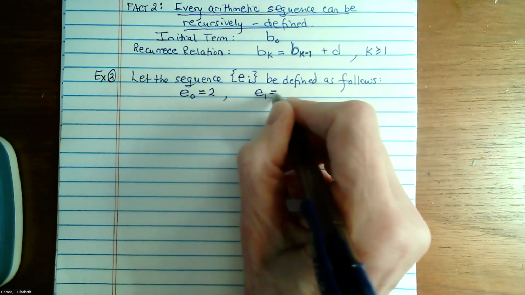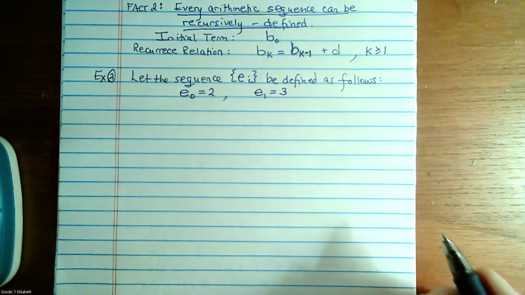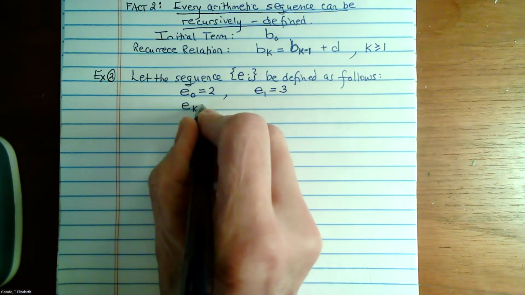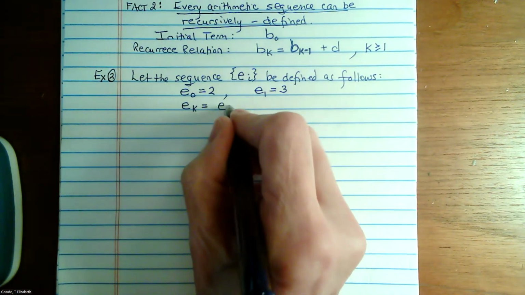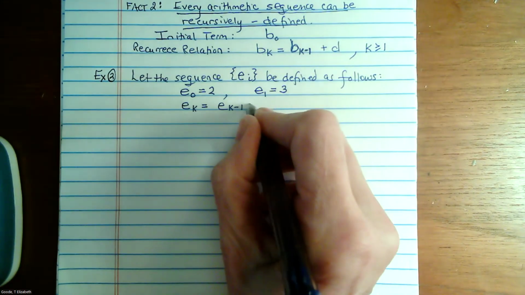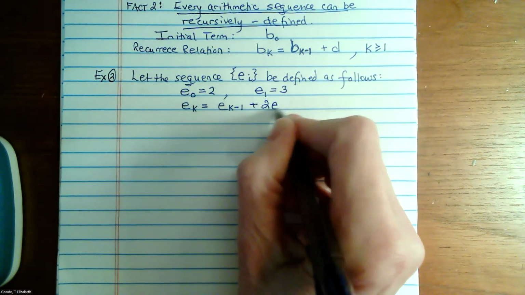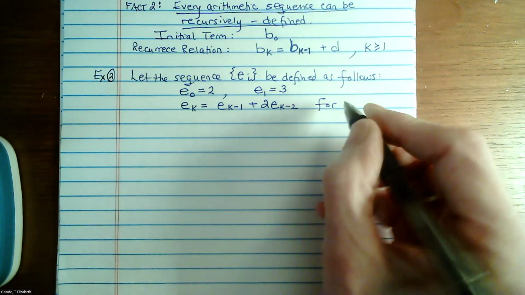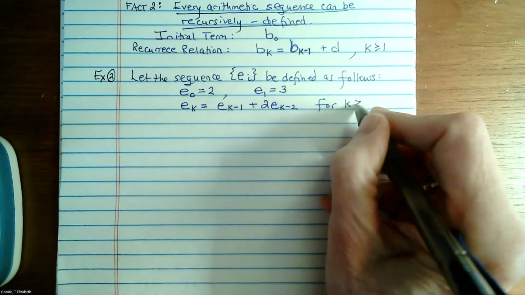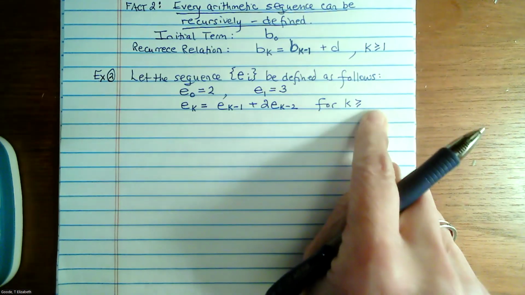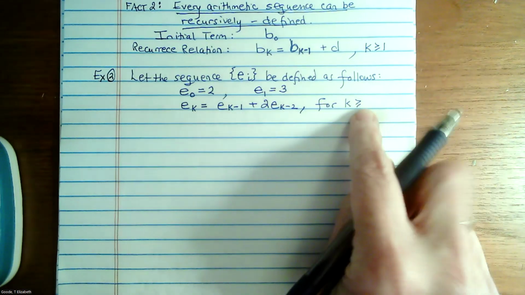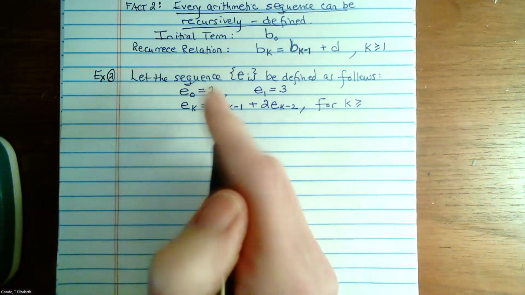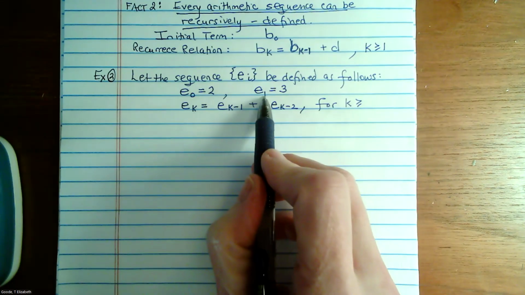E1 is equal to 3. And our recurrence relation says E sub k is E sub k minus 1 plus 2 times E sub k minus 2. And this starts happening for k greater than or equal to, well, you tell me, what would be a reasonable place to let our value for k start if we're told what E naught is and what E1 is?